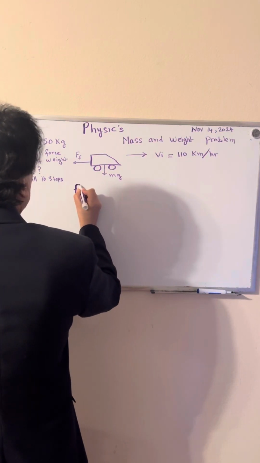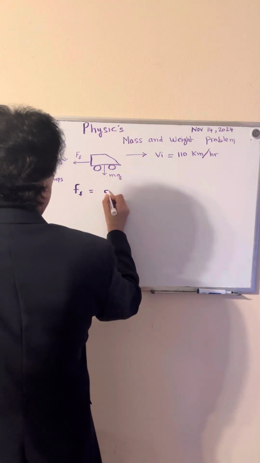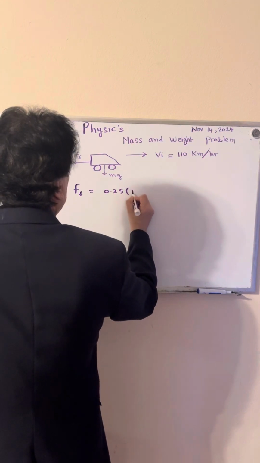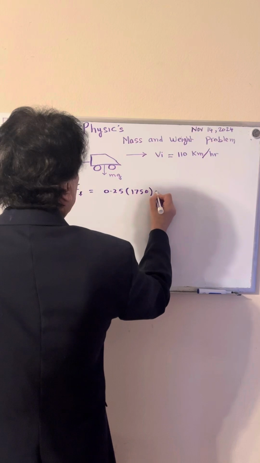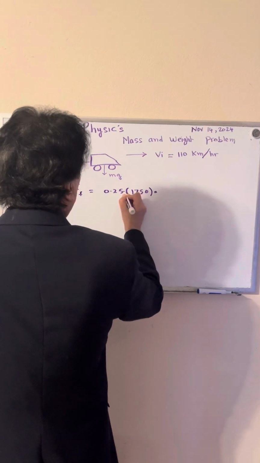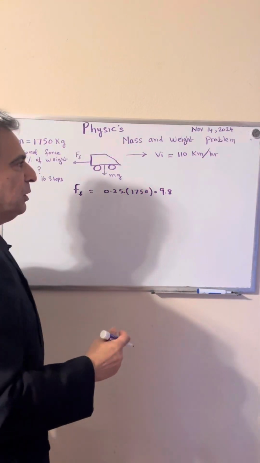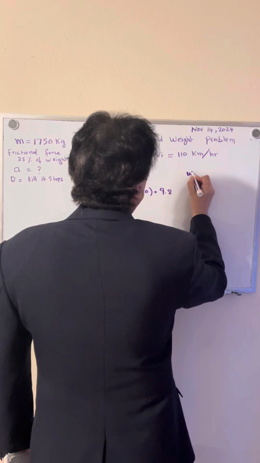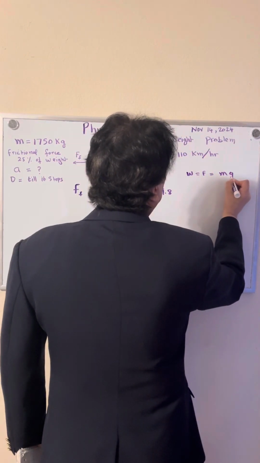F subscript F is equal to 0.25 times 1750 multiplied by 9.8 meters per second squared. Because if you think about it, weight, which is also equal to force, is equal to mg.